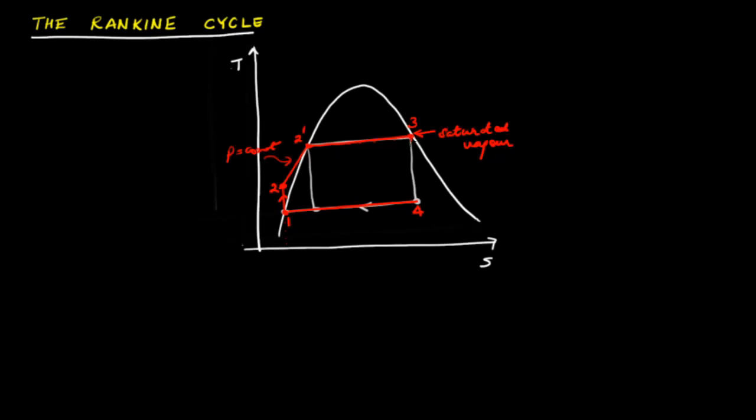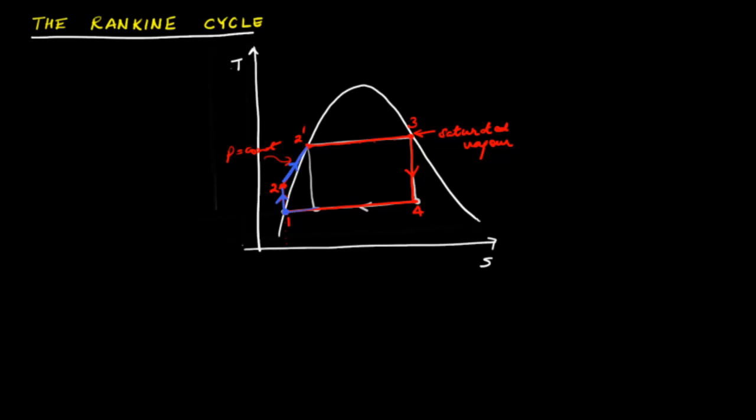And thereafter the same process of reversible adiabatic expansion of the substance takes place, and from 3 to 4 we go isentropically. So the only modification to the Carnot cycle we see is for this process that we continue our condensation until we have a saturated liquid, and this part is different from 1 to 2 prime because now instead of heating only the liquid vapor mixture, we also have to heat this subcooled liquid or the compressed liquid.